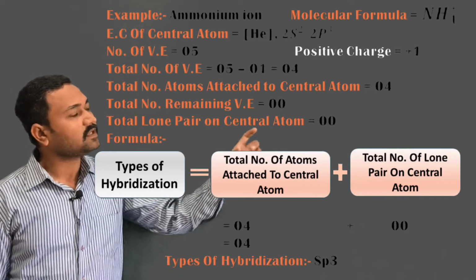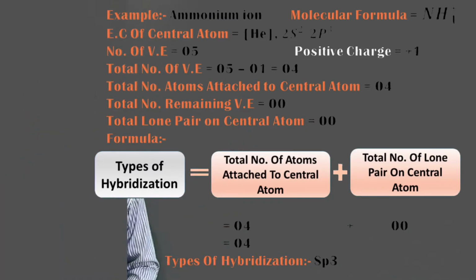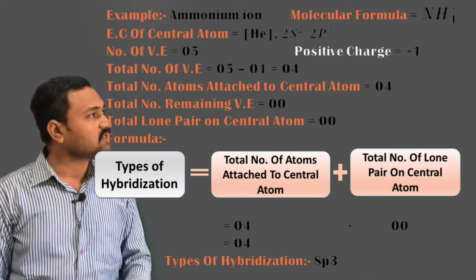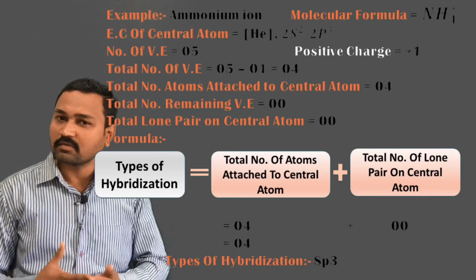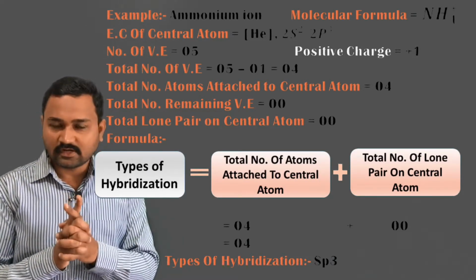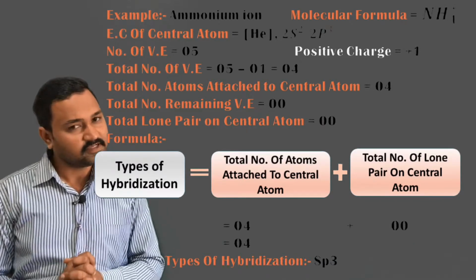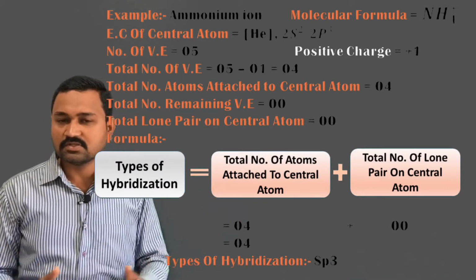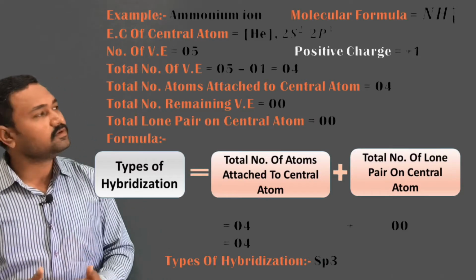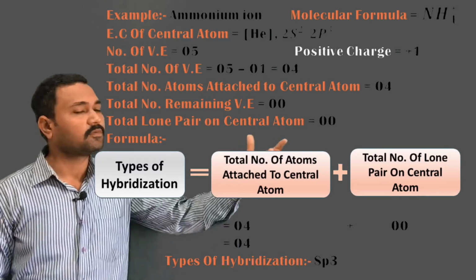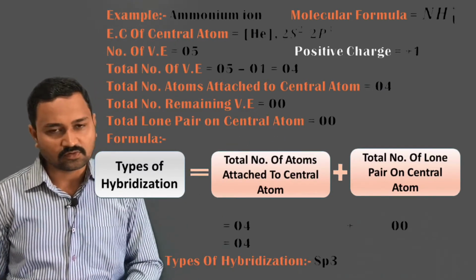This is the simple key point that you must remember. The total number of atoms attached to the central nitrogen atom is 4, as the molecular formula is NH4. So 4 hydrogen atoms are bonded with the nitrogen atom by 4 N-H bonds. The remaining valence electrons will be 0, as 4 valence electrons are utilized for the formation of these N-H bonds. Hence, the total number of lone pairs of electrons will be 0.